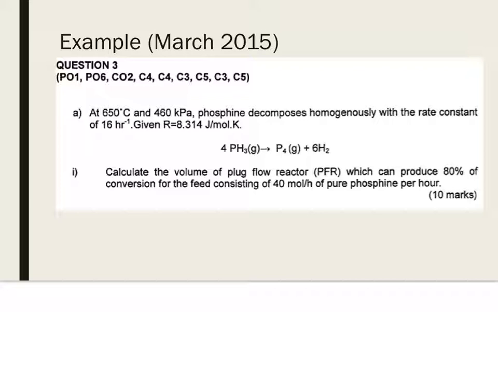The reaction scheme is a gas phase reaction where 4 mole of phosphine decomposes into P4 and hydrogen gas. It doesn't say anything about elementary, but from the unit of the rate constant, the reaction is first order. The question asks us to calculate the volume of a plug flow reactor which can produce 80% conversion for a feed of 40 mole per hour of pure phosphine.